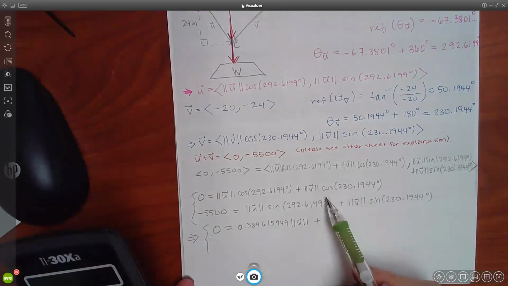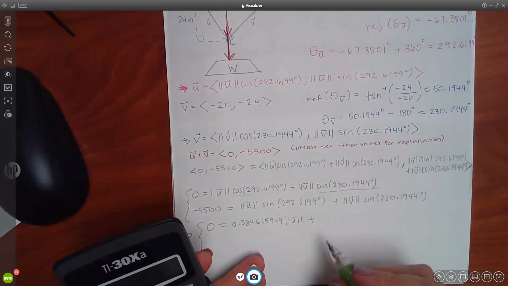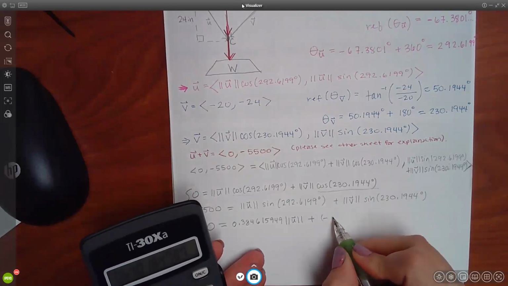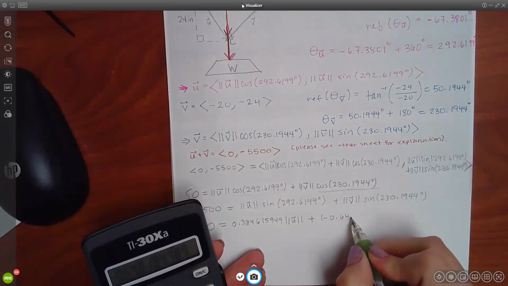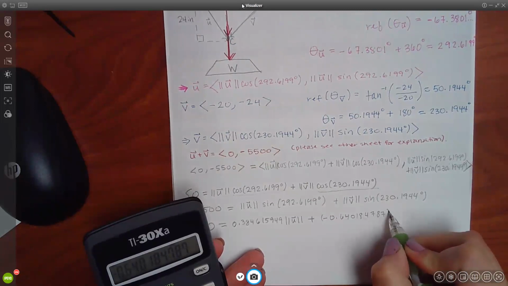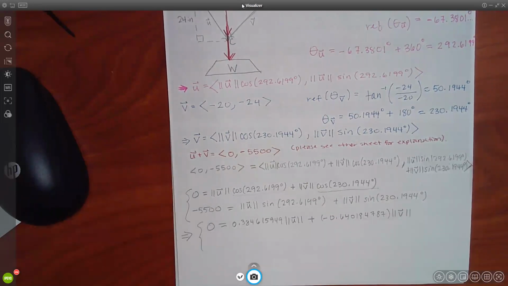Then I'm gonna figure out what this value is. Cosine of that, and I don't get a plus, I get a negative. And that's going to still be multiplied by the magnitude of V. Okay, so I'm just getting the decimal numbers.